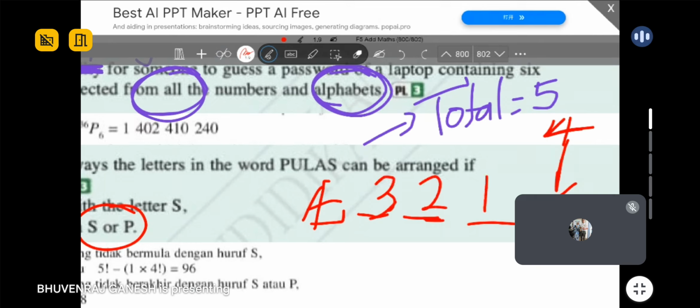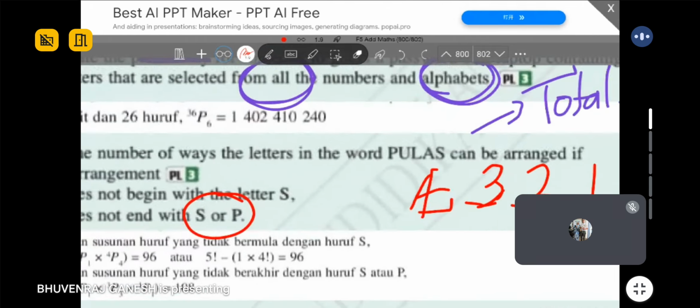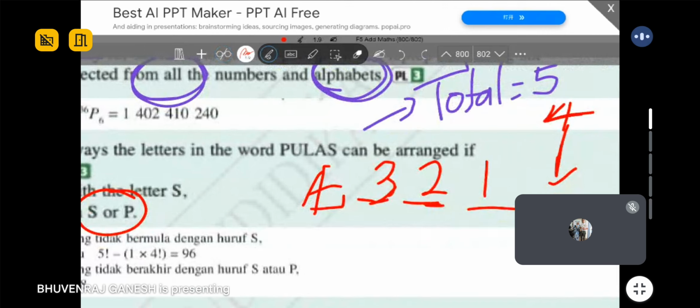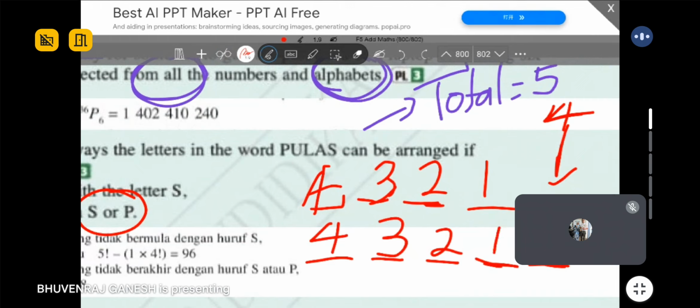Then second case, basically you repeat the same thing. 1, 2, 3, 4, 5. Wait, guys, the pen not working. So you put 4 and then 4, 3, 2, 1. Let me check and see whether we can get it or not.